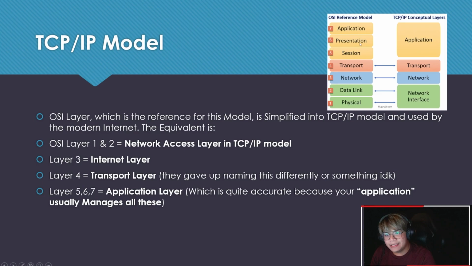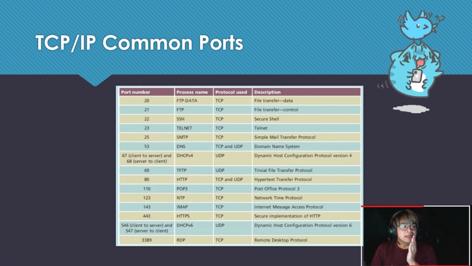These port numbers are stored in the header of the packet to determine which protocol the incoming traffic should be directed to, so the data can flow properly to its destination. These are some of the important protocols that you need to know. For example, 25 is SMTP, Simple Mail Transfer Protocol, HTTP is port number 80 for TCP and UDP, and so on. You need to remember this.